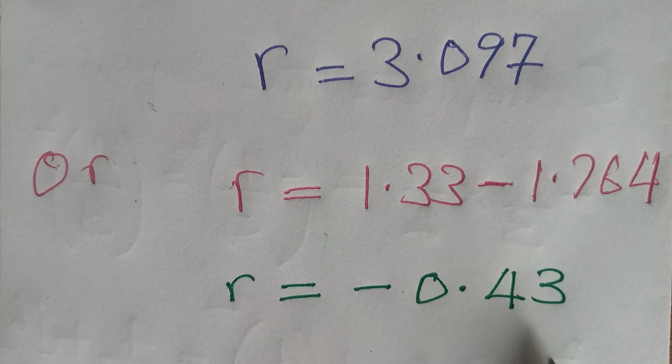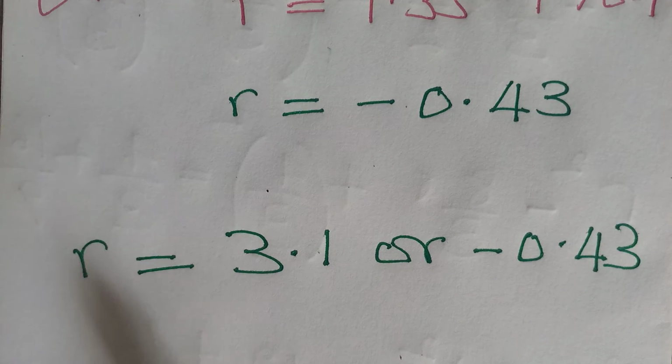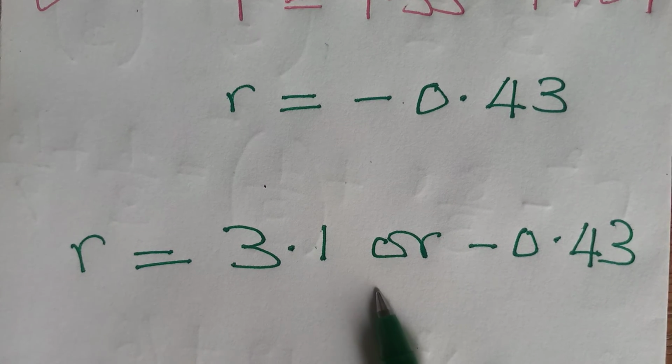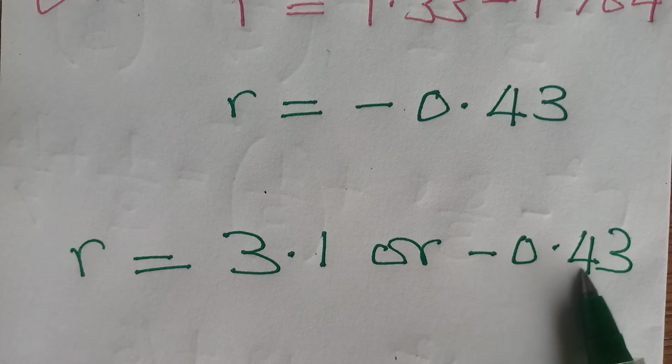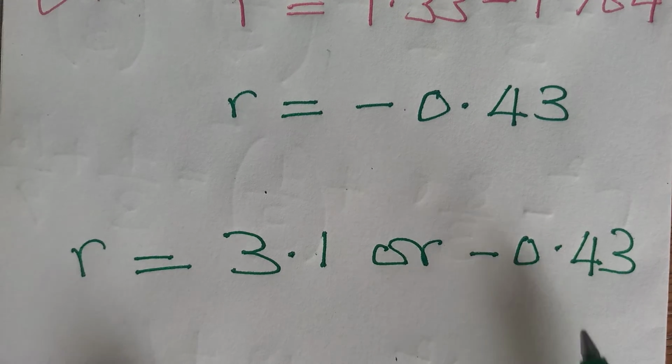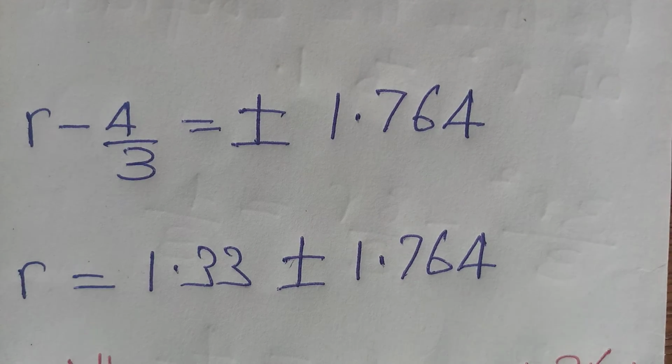So if I solve this quadratic equation using the completing the square method, these are the values of R that I'm going to get: 3.1 or minus 0.43. So this is the procedure for using the completing the square method.